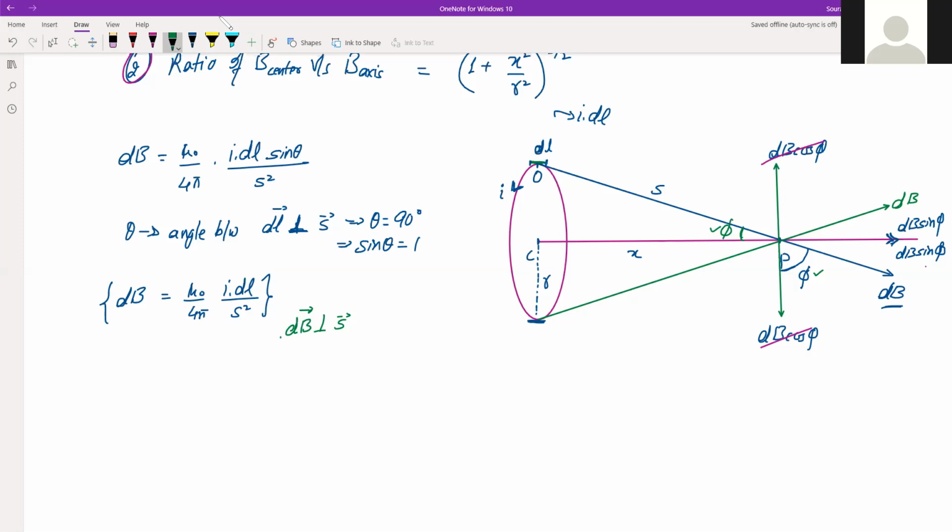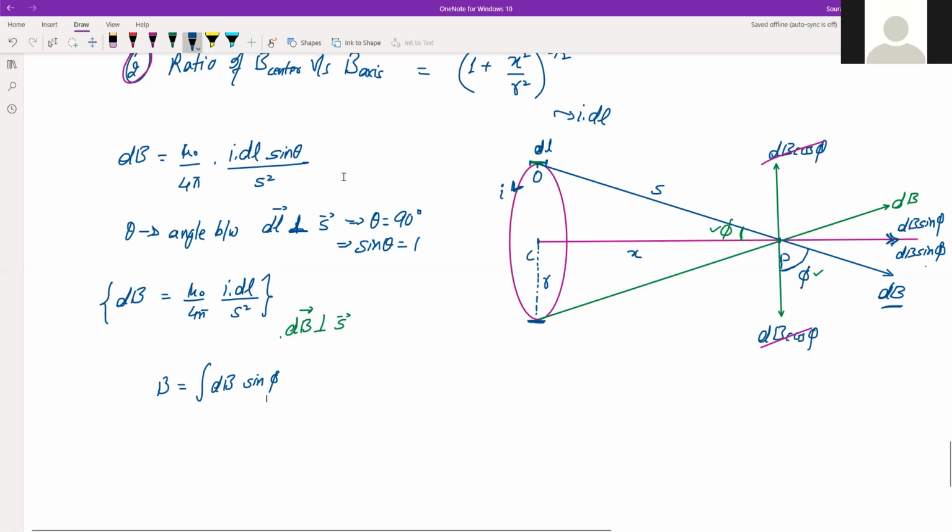So now what do we have? Now we have to find this sin phi. The total resultant B, or magnetic field, will be equal to the integration of dB sin phi only, because the cos phi components are cancelling each other.